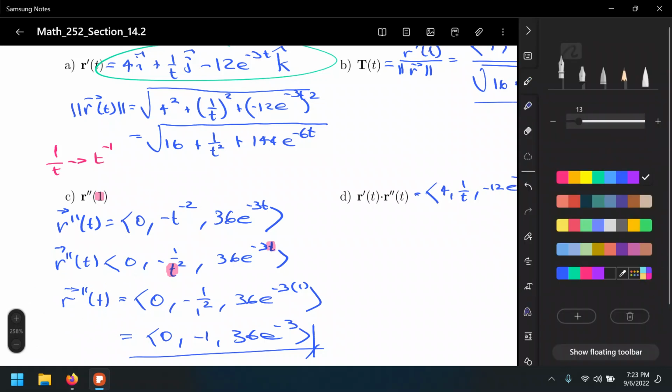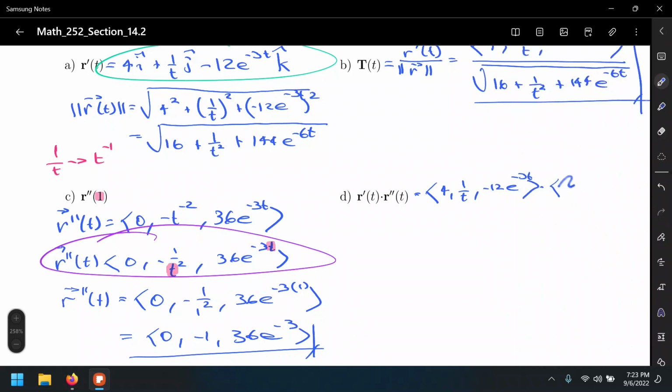Let me circle it. That's our second derivative, and that's 0, negative 1 over t squared, 36 e to the negative 3t.